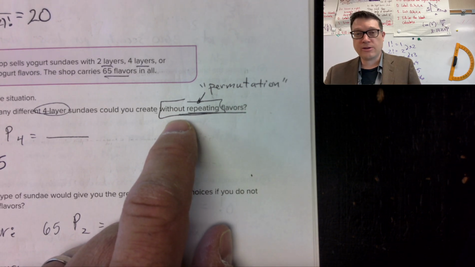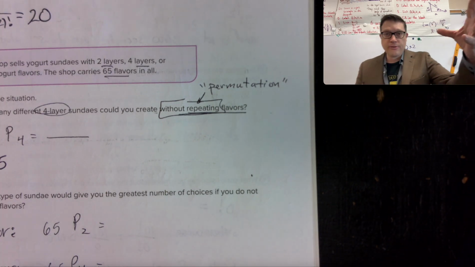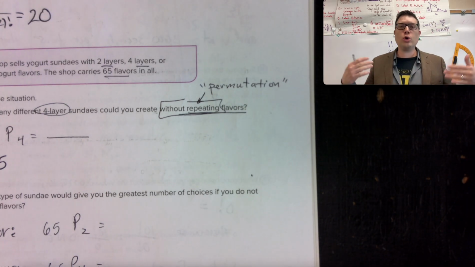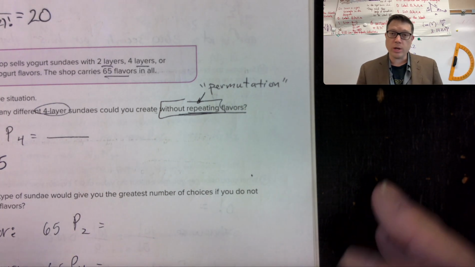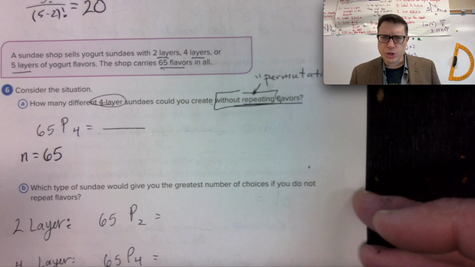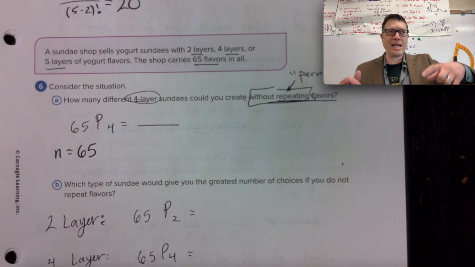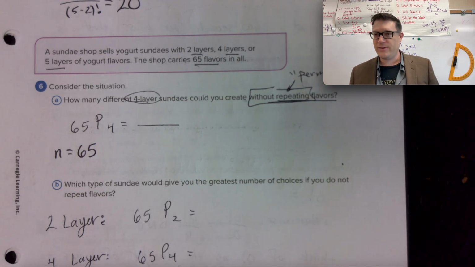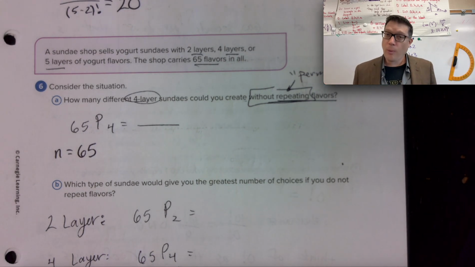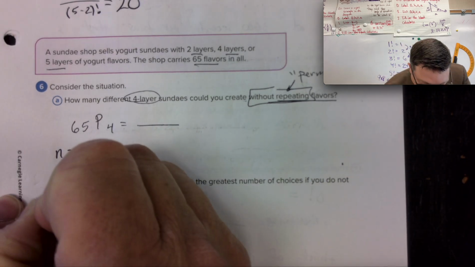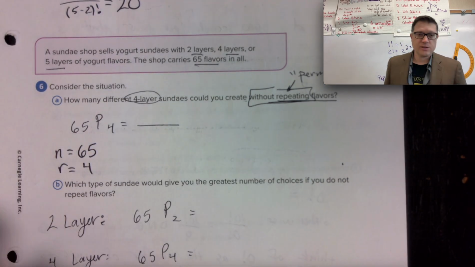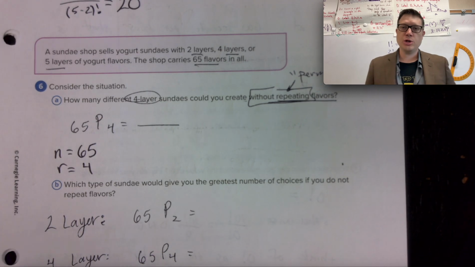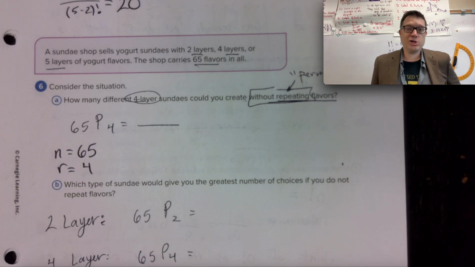Once a flavor is used, it's gone, and the total number of flavors left is 1 less. Anytime you take away one of the options after a choice has been made, we have a dependent situation, and the arrangement will matter. So with R being 4 layers, all different, no repeating, we have a permutation.